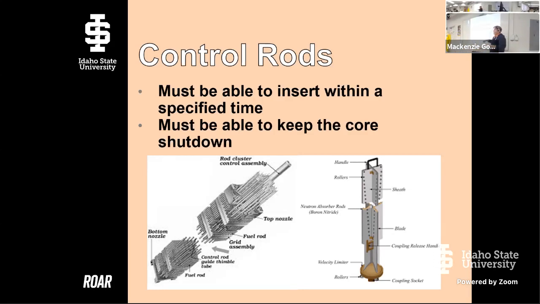So many times, even though we might use this gravity-assisted drop, especially when we're talking about our pressurized water reactors, we'll often have a spring or some sort of mechanical force that helps ensure that that occurs quickly enough. When we're talking about boiling water reactors that push in from the bottom, the same thing, their hydraulic system has to be able to activate within a certain minimum amount of time between when they receive a signal and those rods need to be in. Yeah.